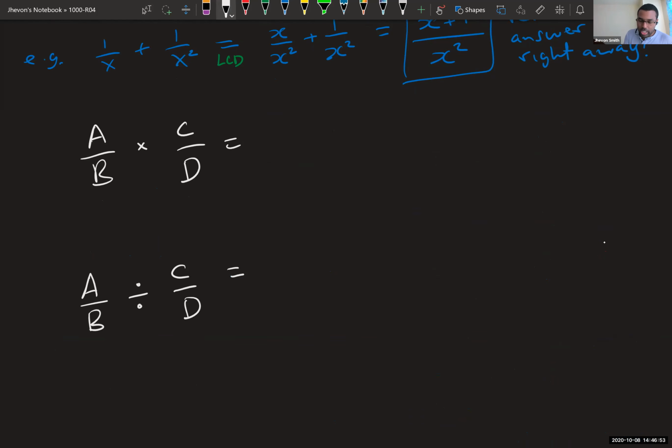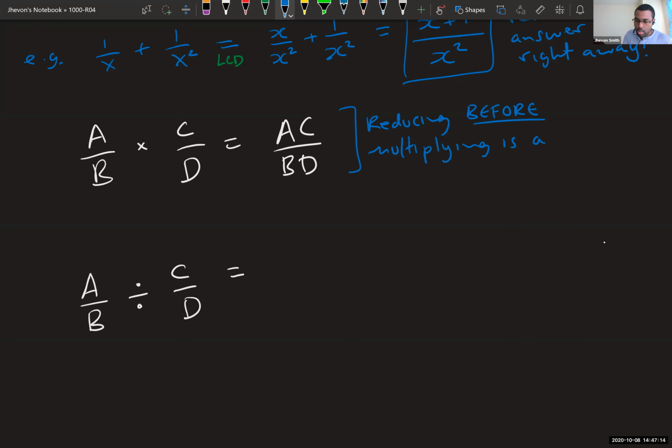When it comes to multiplication, yes, you just multiply straight across. And again, you can reduce this before multiplying, right? Reducing before multiplying is allowed, and it'll make your life a little bit easier.